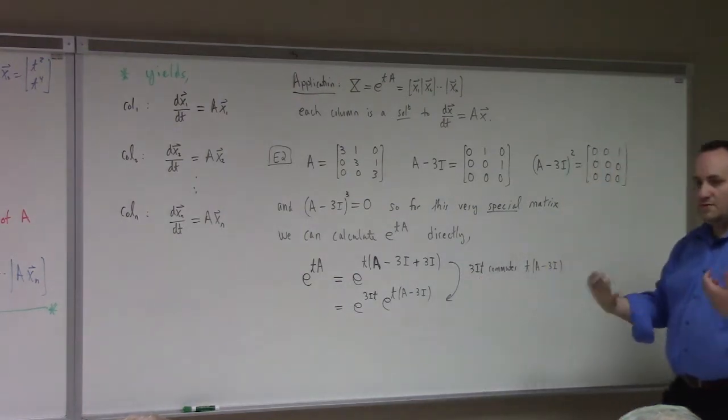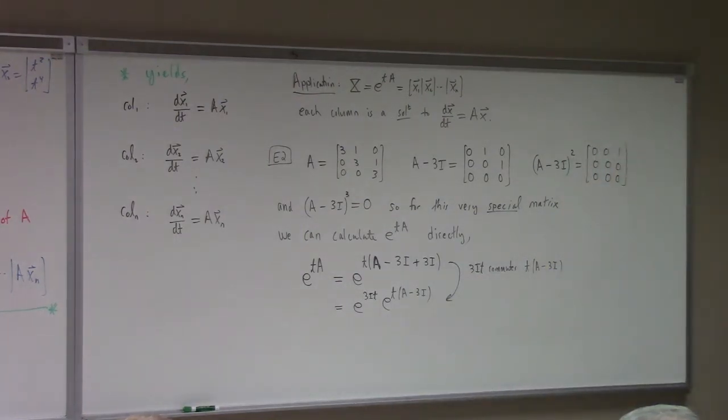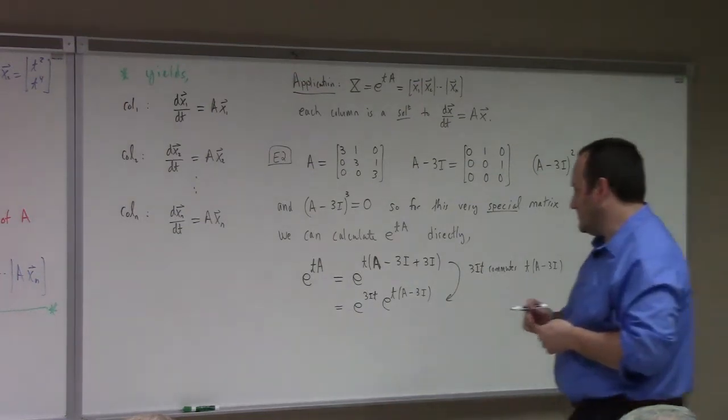In fact, any multiple of the identity matrix will commute with another matrix. Now, e to the 3It, what's that?